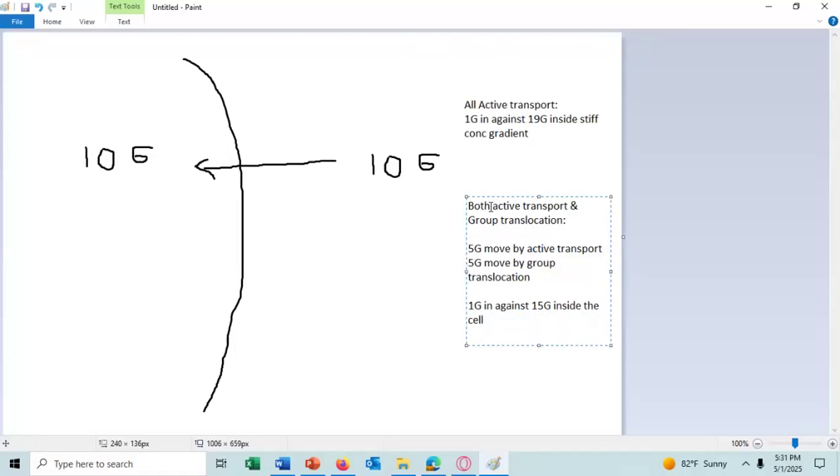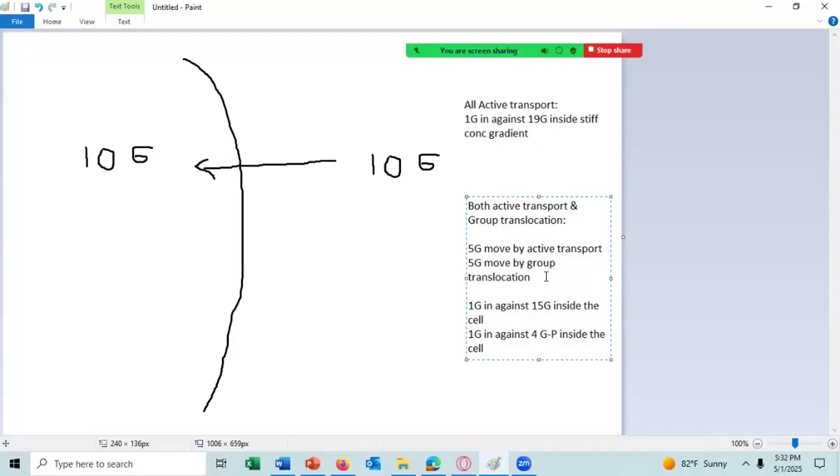I should have done this by group translocation because it's one glucose inside the cell against four. It's actually glucose 6 phosphate. We'll go G dash P inside.